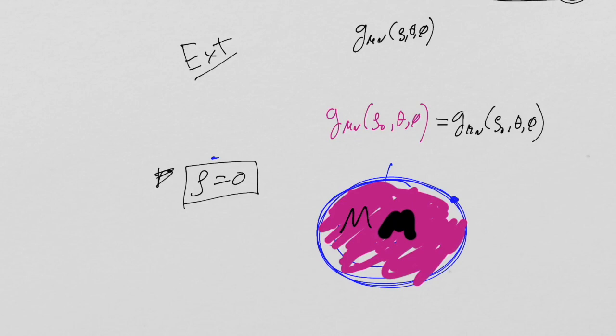And then you just need to understand that you can't use this metric inside rho 0. It's no longer valid inside rho 0. But the way we're dealing with it is we're just pushing this thing away and not dealing with the interior solution. We're going to assume that we have an infinitely dense, infinitely small point, and that's the singularity.